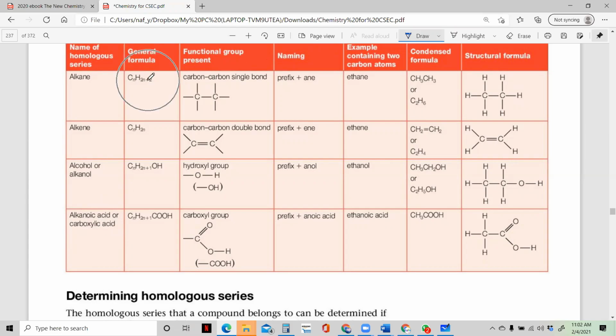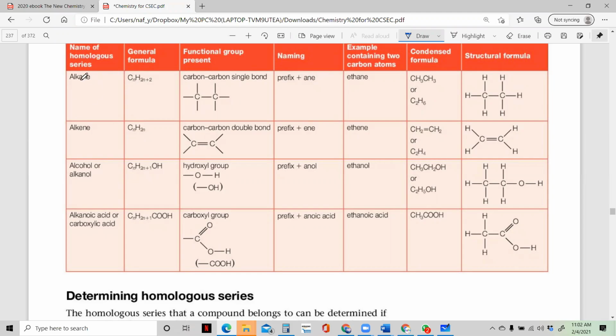All right, so how are we going to do this now? We have a general formula. We have lots of things to practice with this table, right? So we're going to have a little fun. We have the functional group, and we're going to need the functional group when we start drawing our structural formula. But we're not going to start that until tomorrow. We have how to name it. See it here? So you have the prefix and the ending for the family name.